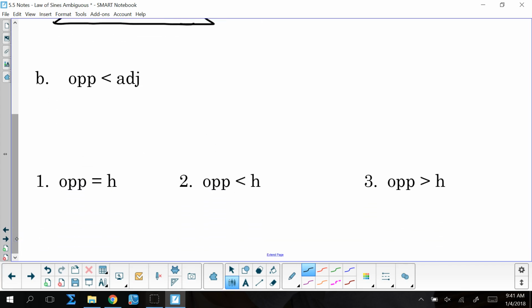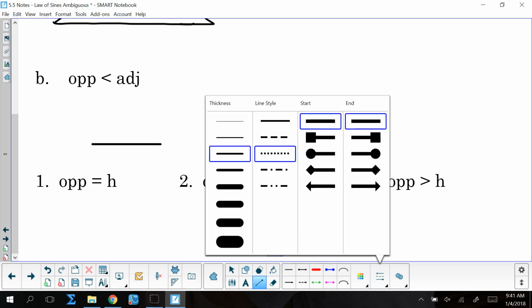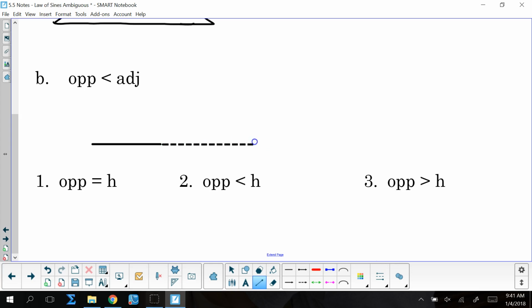If our adjacent side is longer than our opposite side, actually here, let me go with this way, and then make these nice and straight.